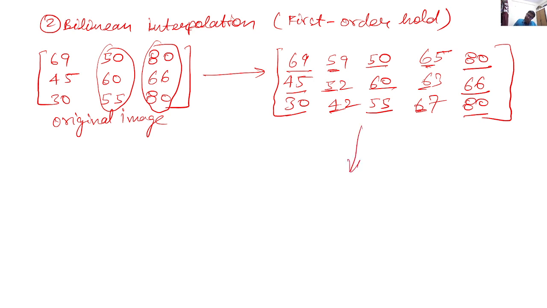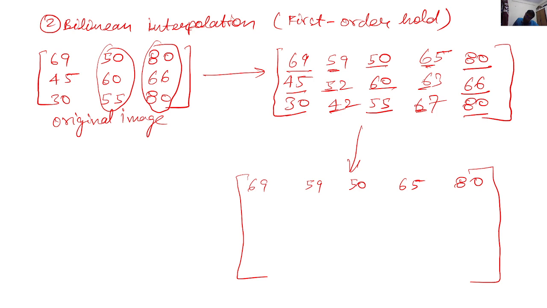Now the image with rows and columns both expanded. It's again very straightforward. Retain the first row of this expanded one, like this: 69, 59, 50, 65, 80. We have retained it. The second row will become the in-between row.